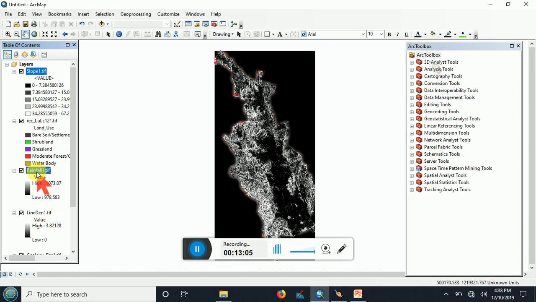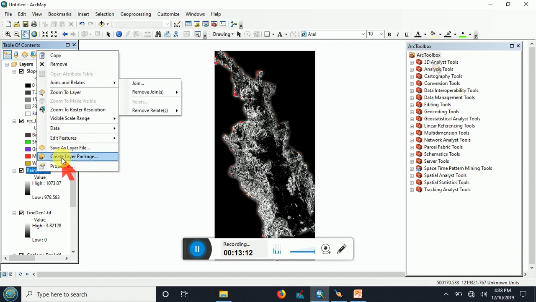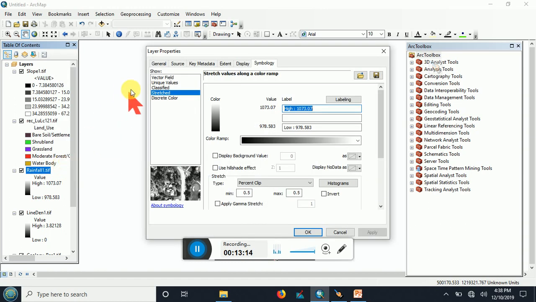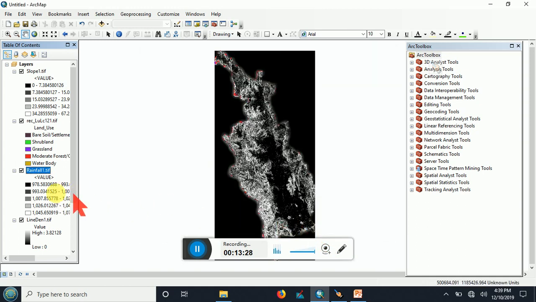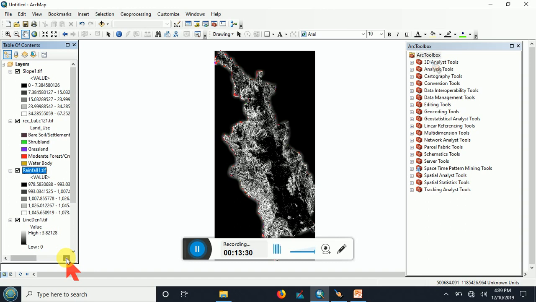So again, go to rainfall, right click on it, properties, again classified, again 5 groups, that's okay, apply, and okay. So for the rainfall also we'll have those 5 groups.